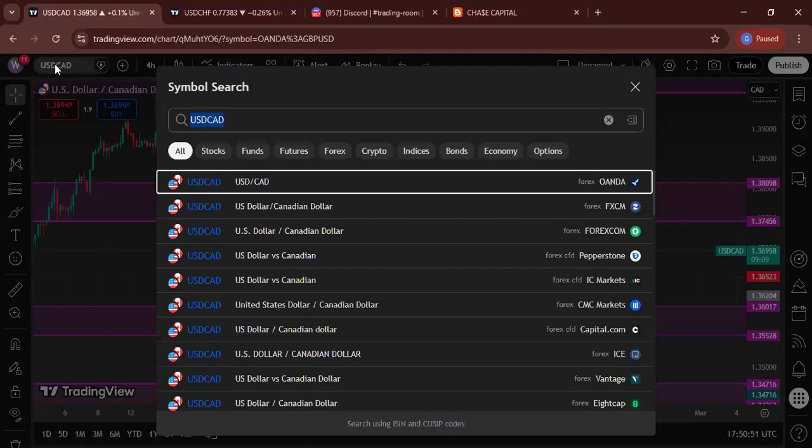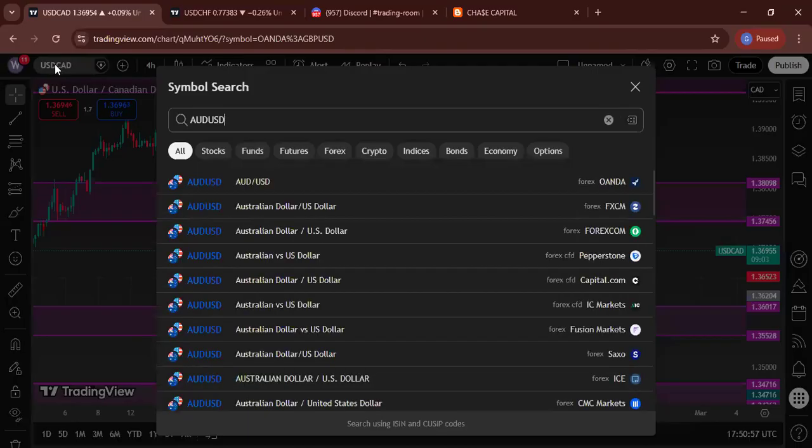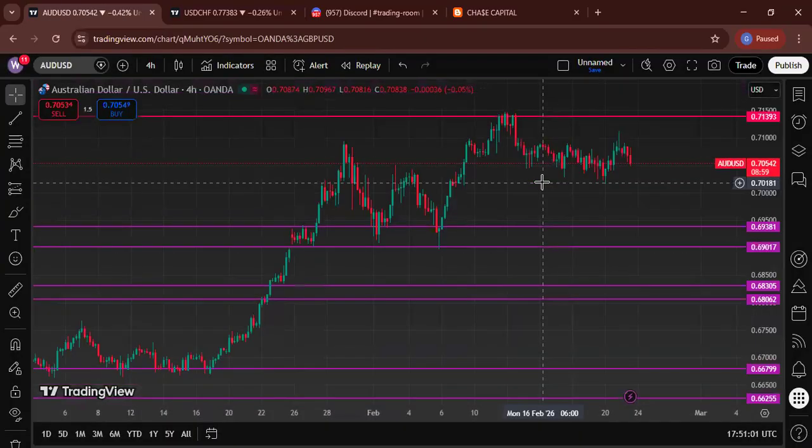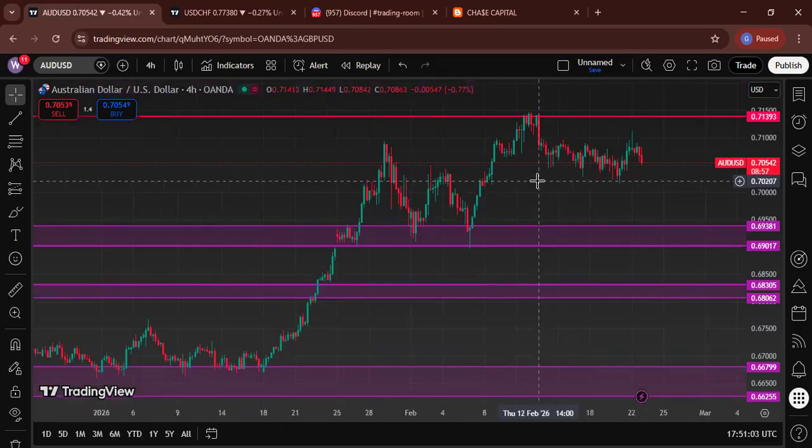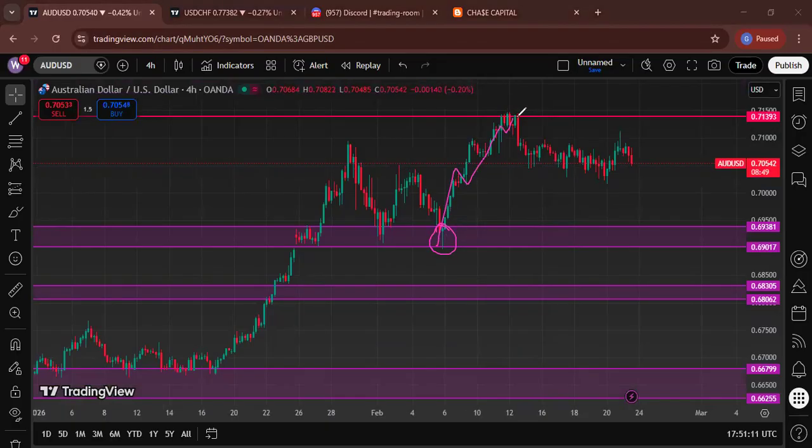Then let's have a look at, for the guys who look at AUD USD. There is AU as well. So AUD USD saw price rally all the way, from the working ranges from this demand to these highs of 0.71, and back to this demand.